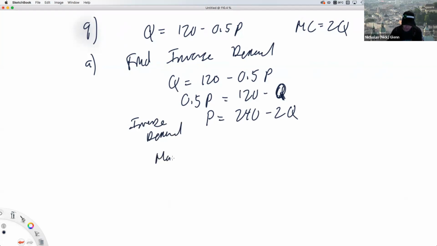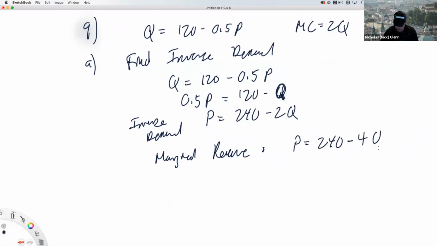Now we need to get the marginal revenue. Now I know we have that formula and everything. Basically all you need to do here is just marginal revenue. It's going to start at 240 when quantity is equal to 0. It's going to start at the same point, but the difference with marginal revenue, it drops twice as fast. The slope's twice as steep.